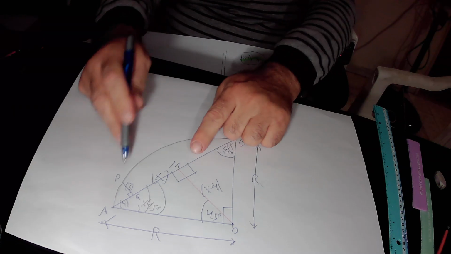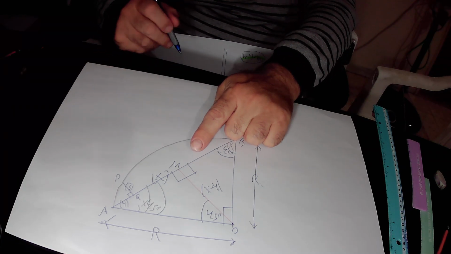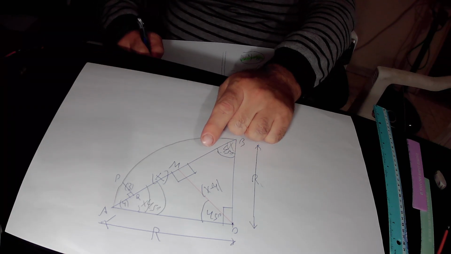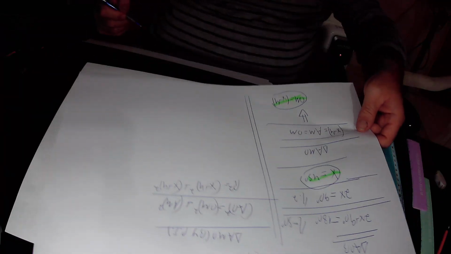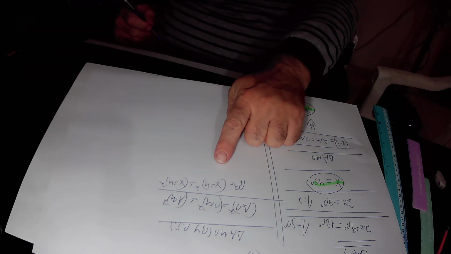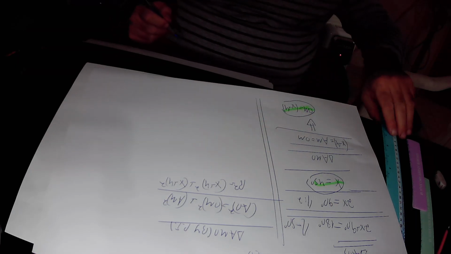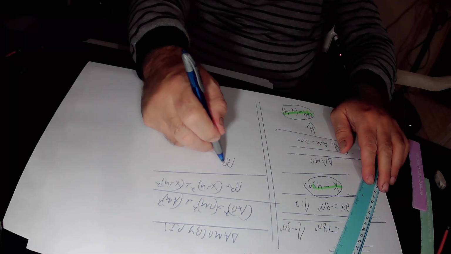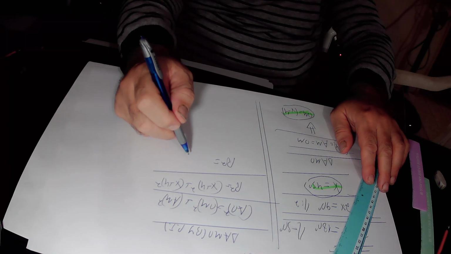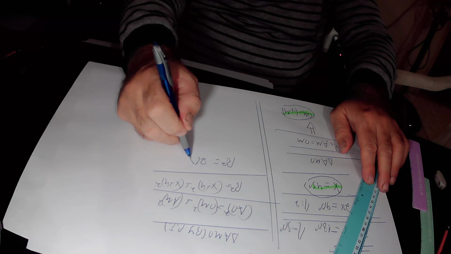And AM squared also equals x plus 4 squared. So in total, we found out that R squared equals x plus 4 squared plus x plus 4 squared, which is 2 times x plus 4 squared.